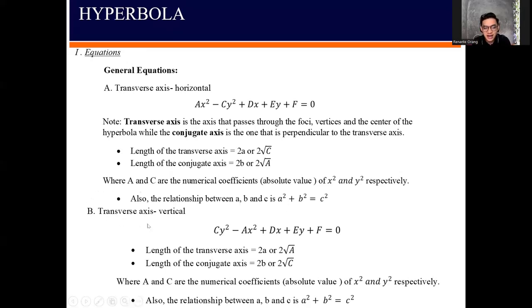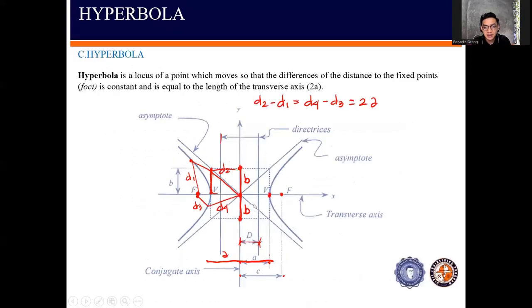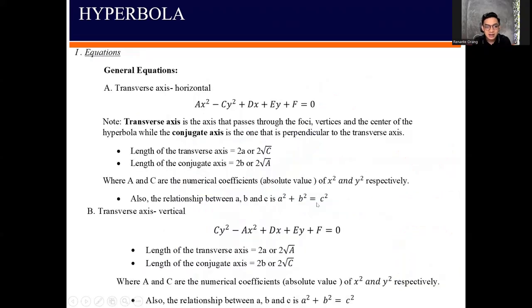So transverse axis or vertical, ibig sabihin, kabaliktaran nito yung ating graph, no? Nasa upper. So parang ganito yung ating graph, nasa taas and nasa baba yung ating mga openings, kumbaga. Okay? So, that is cy squared minus ax squared plus dx plus ey plus f is equivalent to 0.